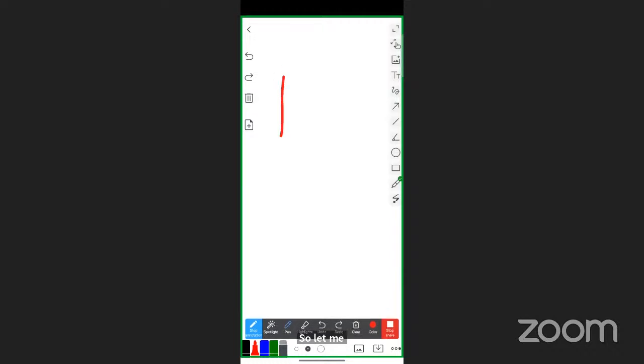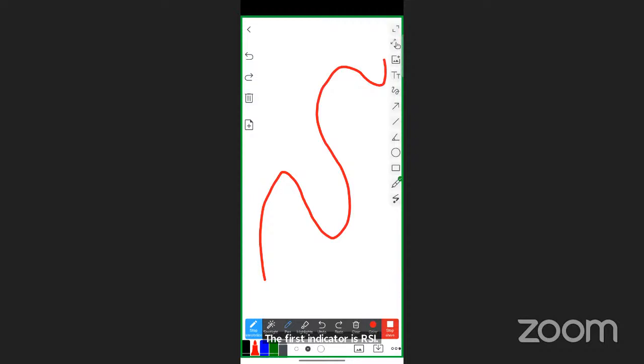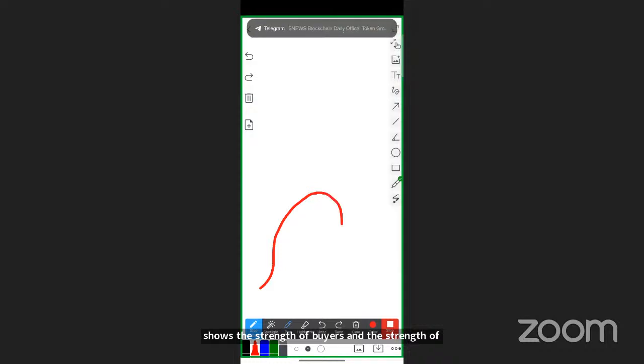The first indicator is RSI. What is it? It is a soothing line. It is just a line. And this line shows the strength of buyers and the strength of sellers. When buyers buy much, it moves up. When sellers sell, it moves down.